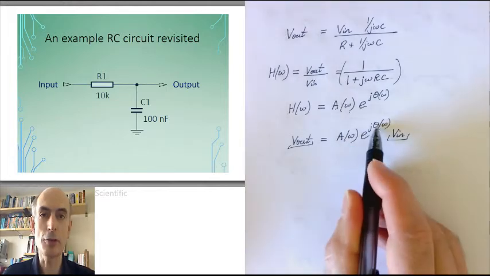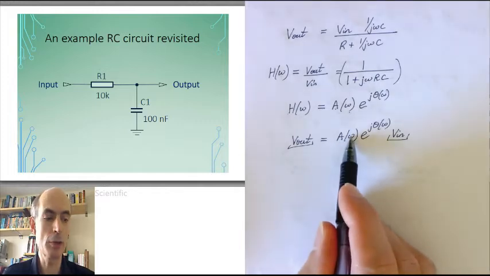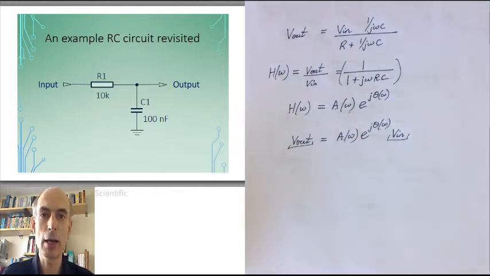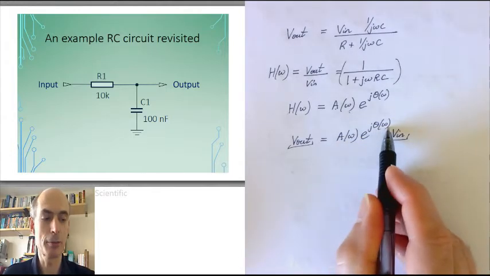A and theta are both real functions, functions that take in the frequency and give you a real number as their output, the amplitude gain and the phase change.